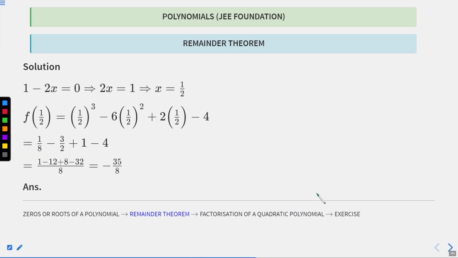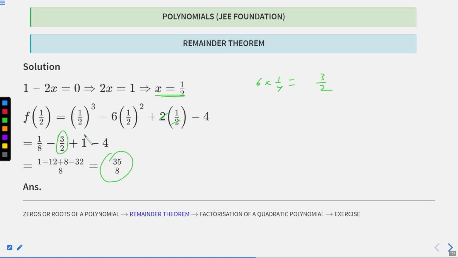Let's see. So you will be getting minus 35 by 8. Putting x equal to 1 by 2, half cube is 1 by 8, minus 6 times half square, which is 1 by 4, and the 2 gets cancelled. So 6 times 1 by 4 will be 3 by 2. Now the 2 gets cancelled, so 1 and minus 4 is already there.